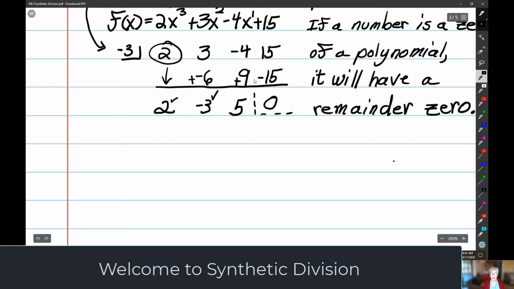Woohoo! And 15 plus -15 is 0. So -3 is a 0 of f of x.